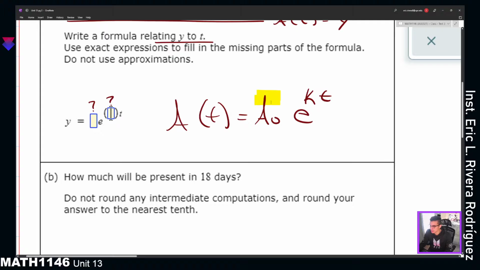Well, we are missing the initial amount, and we are missing K. T is there.